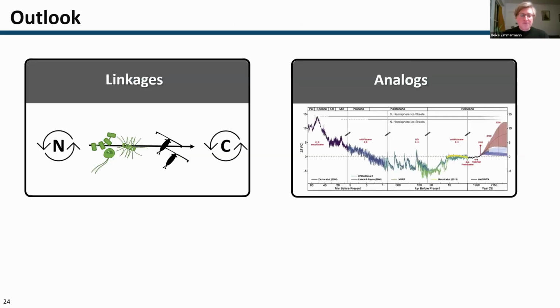As an outlook, because this is all relatively fresh work and we just got started, and there's so much more that we want to do. We currently are working on refining our extraction methods, and then we will do deep shotgun sequencing to characterize the taxonomic and also the functional profiles in these cores.